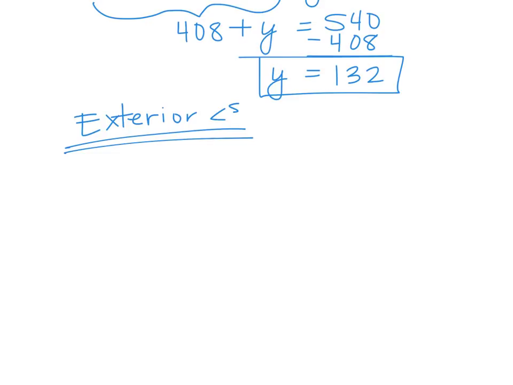And let me show you how this works. Okay, let's say we have this triangle. If I put one exterior angle at each angle, and I say this is 100 degrees, this is 30 degrees, and this is 50 degrees, okay? What would this exterior angle equal?